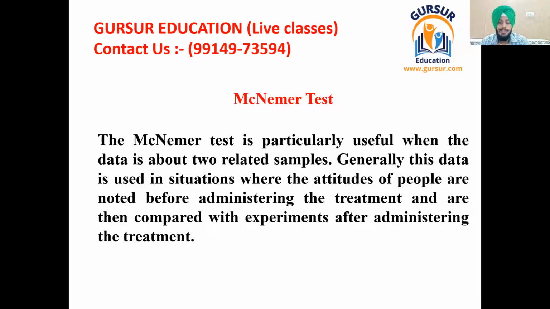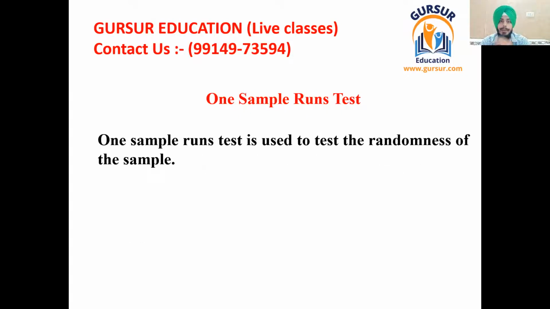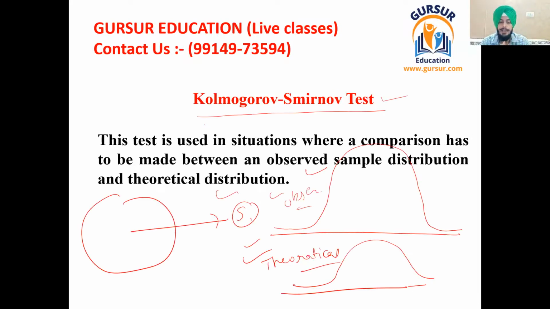Then the McNemar test, done for related samples only, like administering a treatment and checking the result before and after. Then the one sample run test, for finding the randomness of a sample. Then the Kolmogorov-Smirnov test, used for finding the difference between observed and expected frequencies.